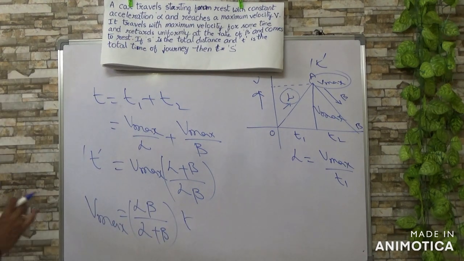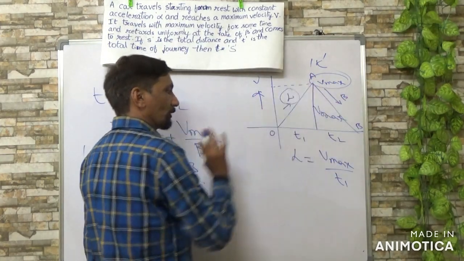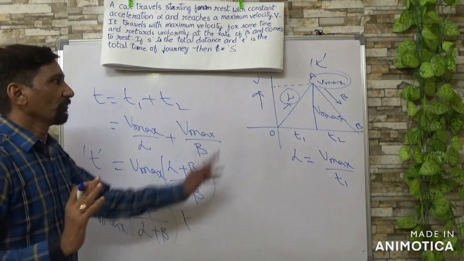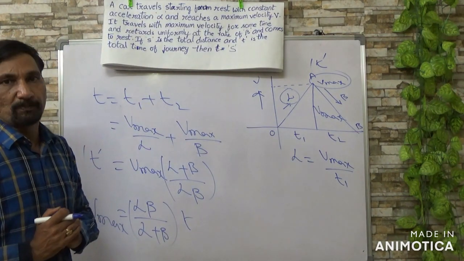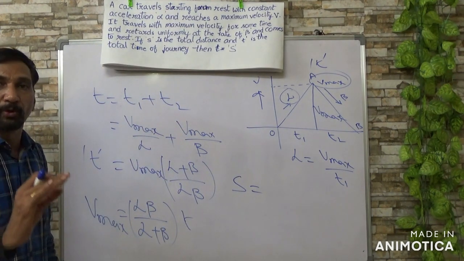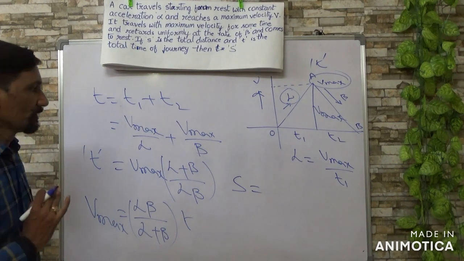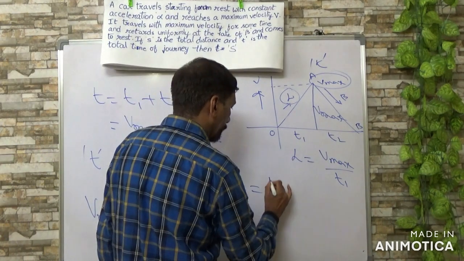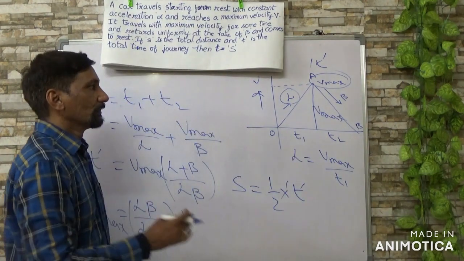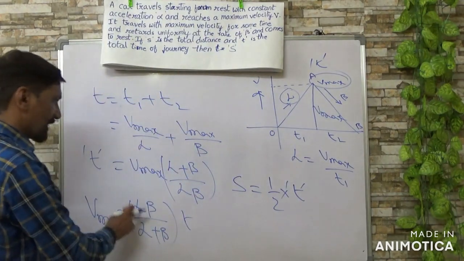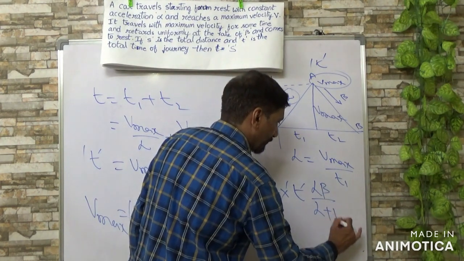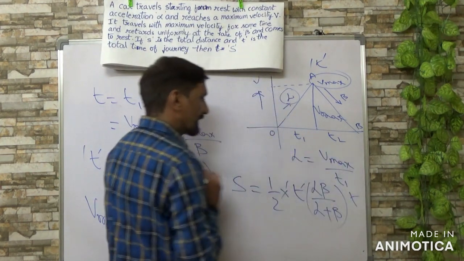So you want to find the total distance traveled by the body, nothing but this area. So you know area of the v-t graph only gives displacement, right? So displacement or total distance traveled by the body in a particular direction is given by half base into height. Base, total time t, height, nothing but v maximum, so it is alpha beta by alpha plus beta into t.